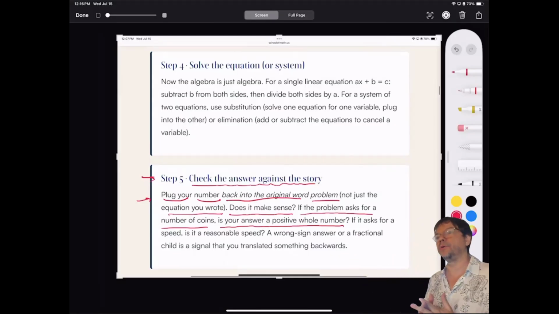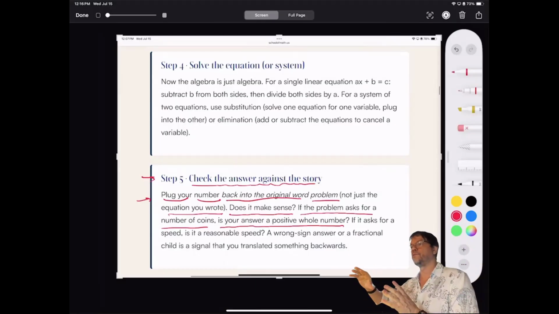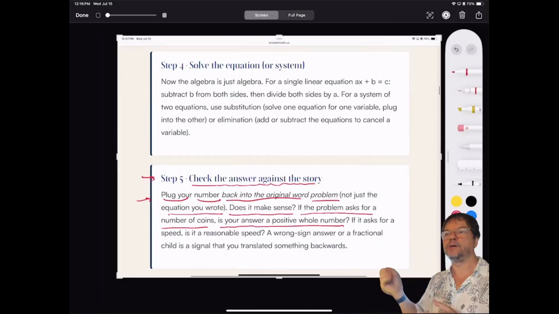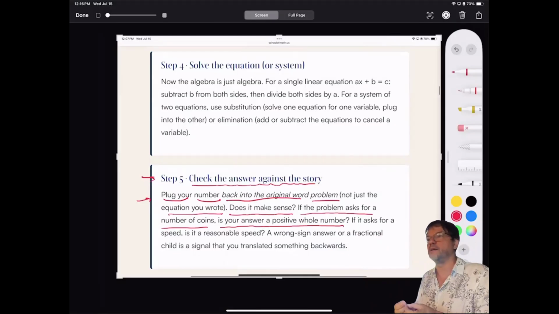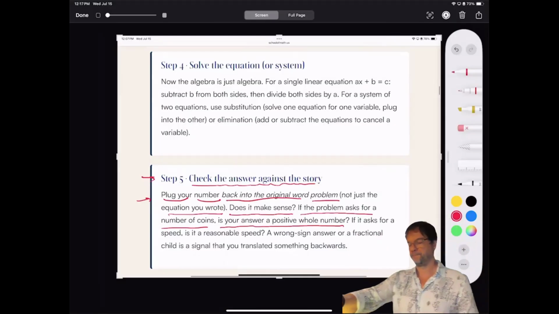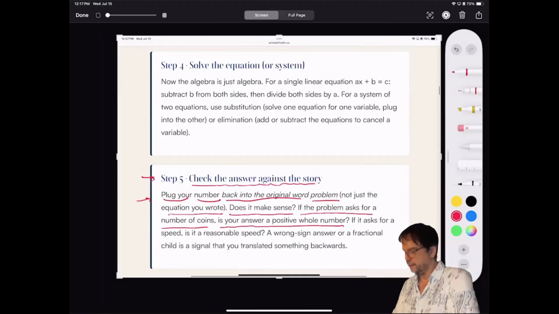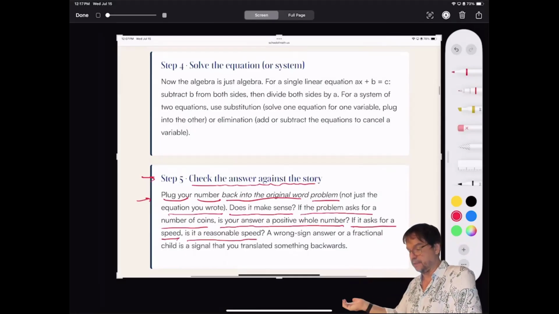Yeah. So you always need not only check the question, plugging back in the equation, inequality that you found, function, etc. But consider if it makes sense. If it makes sense. Is that okay? Yeah. Okay. If it asks for a speed, is it a reasonable speed?